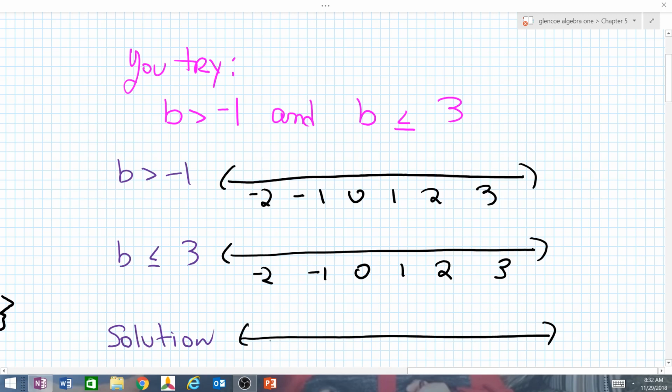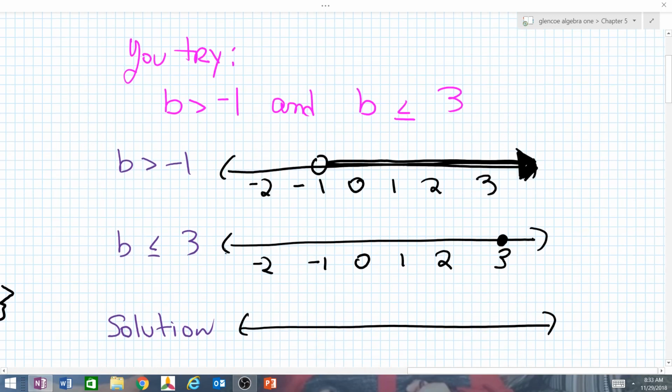What did you do? Yes. What kind of a circle? Opened or closed? Good job. And now maybe you understand why Mrs. Urso, when you graphed inequalities, had you graph it on the number line. Okay, the next one. B is less than or equal to 3. What kind of a circle am I going to make at 3? Yes. And which way am I going, left or right? To the left.